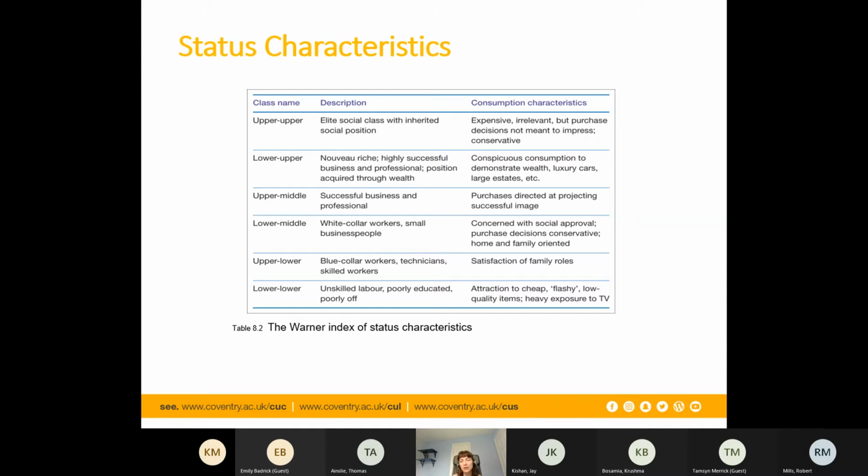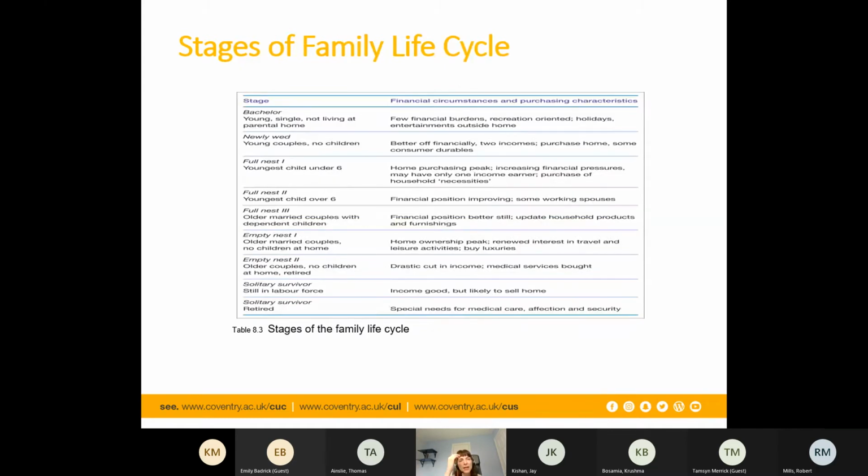And then another form of doing it is to look at what life stages people are at. Here we're looking at who's got the money as well. So you can imagine for Las Iguanas, the bachelor and the newlyweds are likely to appreciate it because they've got the money and the freedom to go out.